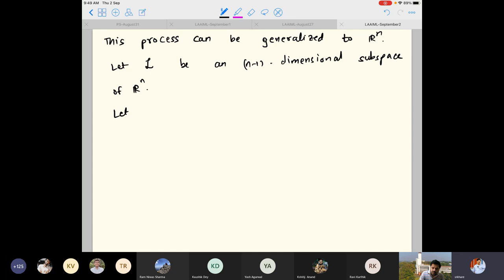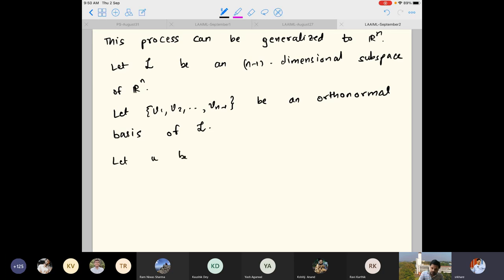Let V1, V2 up to Vn minus 1 be an orthonormal basis, norm of U is equal to 1, and U is orthogonal to the set, orthogonal to L. That's what I'm saying.